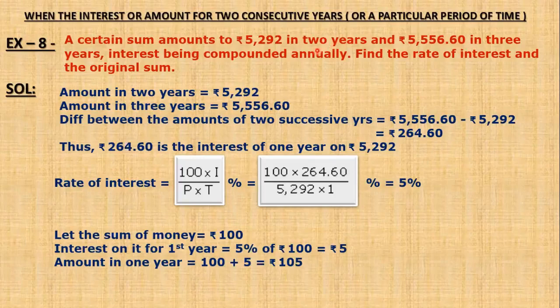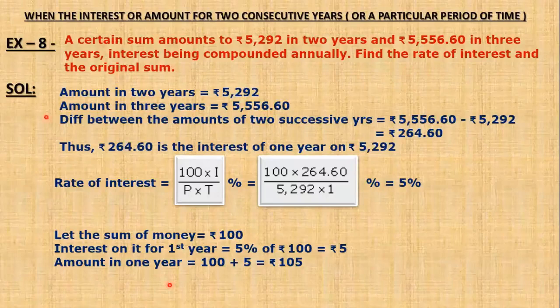That means in consecutive years, the amount is given. In 2 years, the principal amounts to rupees 5,292 and in 3 years, it amounts to rupees 5,556.60. Interest being compounded annually, find the rate of interest and the original sum.